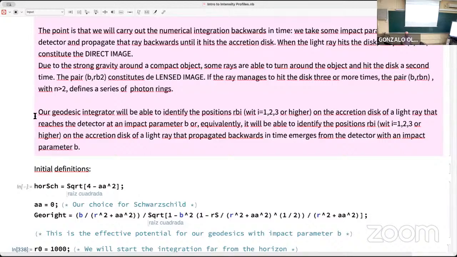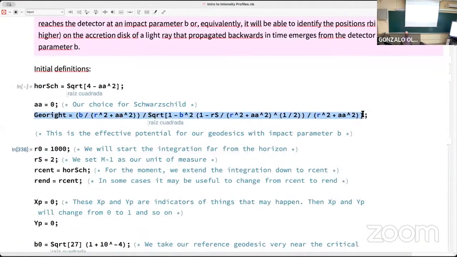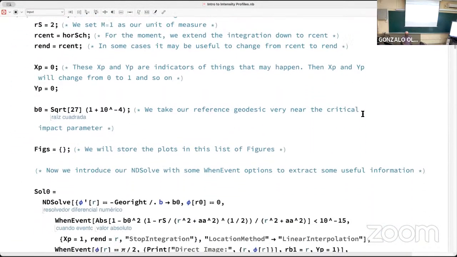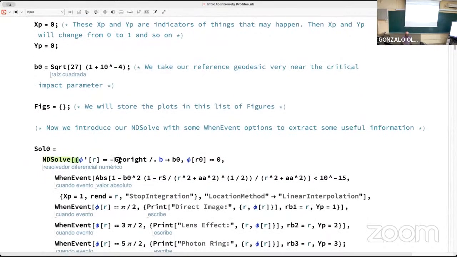Then you need to compute this function here, which is the right-hand side of the geodesic equation, because this is what you will put here in the geodesic integrator. If you change this and adapt this one-event condition, then you can use any spherically symmetric static black hole, or not necessarily a black hole, or even a wormhole or any other thing that you have.